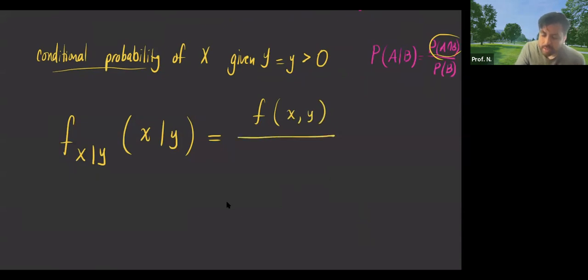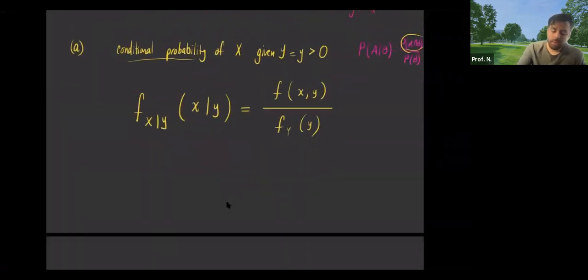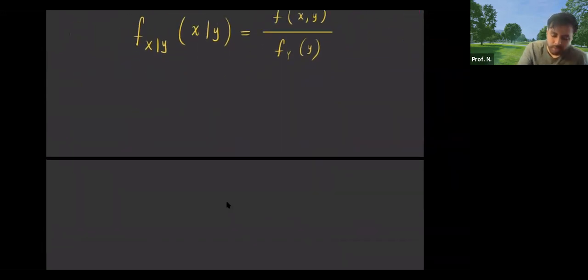That's the numerator. In the denominator, we have the density of Y, the marginal of Y. Do you see that? It follows from the conditional probability definition. So the real question is, what is the marginal density function? That's what the question hinges upon.